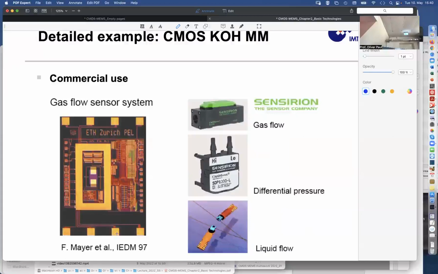During the Corona pandemic, the gas flow sensor business at Sensirion expanded hugely because everyone wanted breathing, and artificial ventilation of human lungs is a delicate thing. The lungs are delicate.